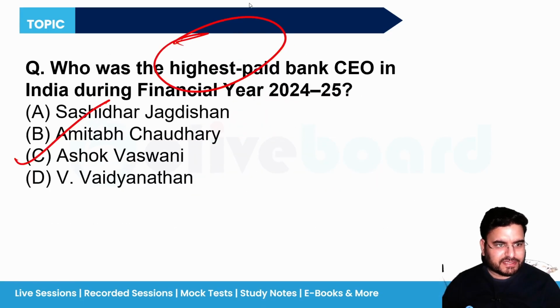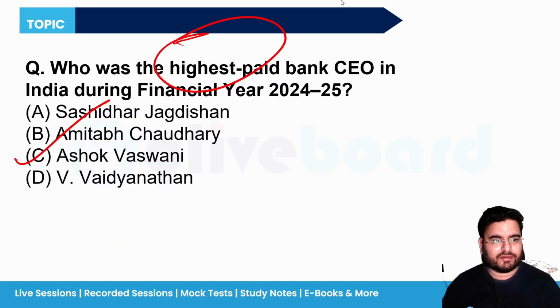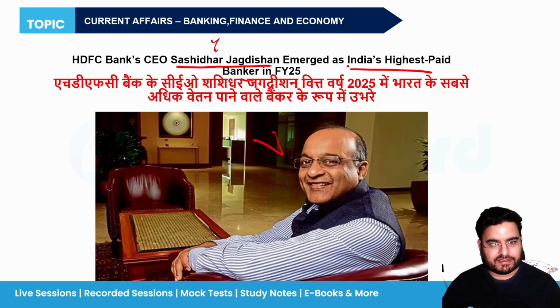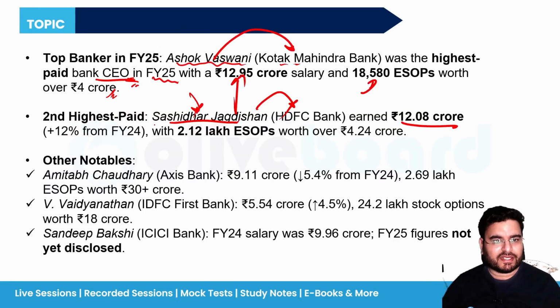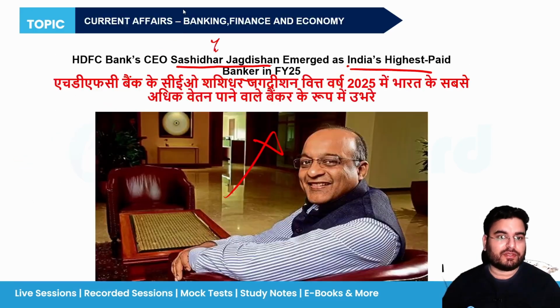I believe there is some mistake here. I think the top headline should be India's highest paid. Okay, when we have seen here Ashok Vaswani. So please correct it. It is not Sashidhar Jagdishan, right? The correct answer is Mr. Ashok Vaswani. Okay. This news was about financial year 25. So please correct it.